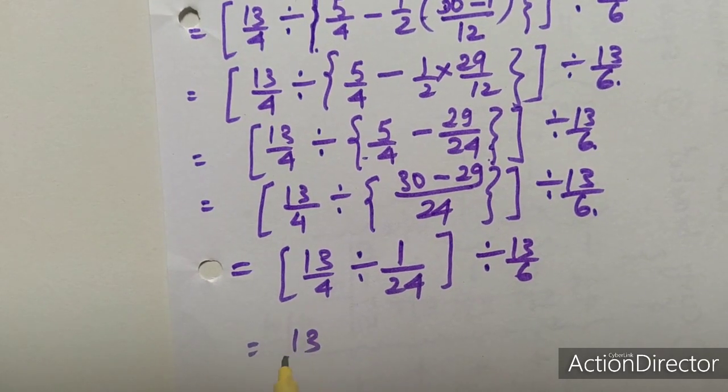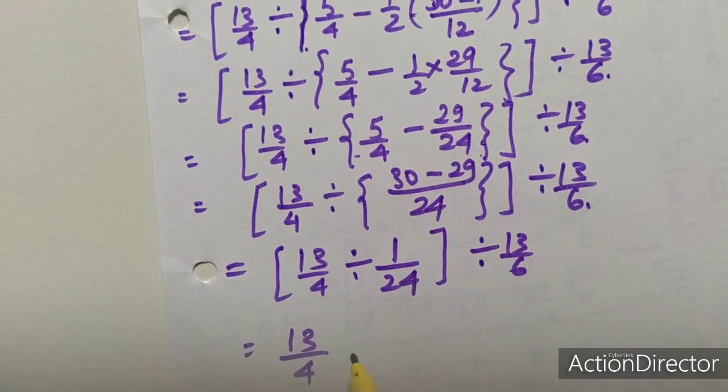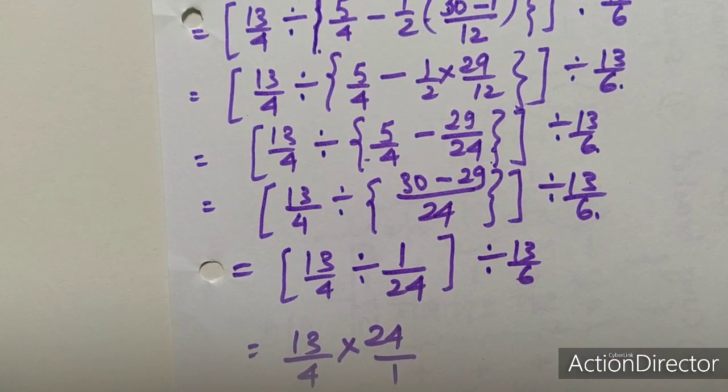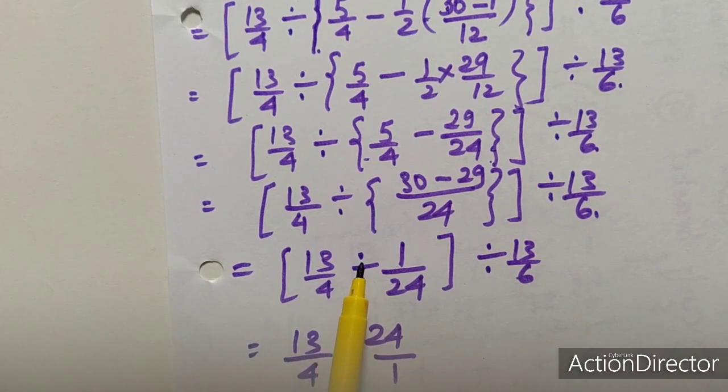Should we write like this? 13 by 4, instead of division, multiplication, 24 by 1. You know very well, when two fractions are there with the division sign, copy down the first fraction as it is, change the sign into multiplication and write the reciprocal of the other number. That means inverted form, 24 at the numerator and 1 at the denominator.